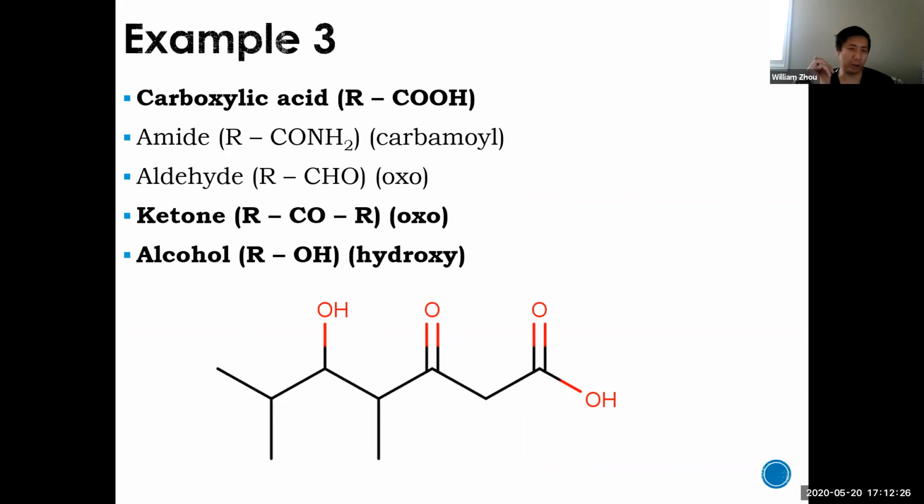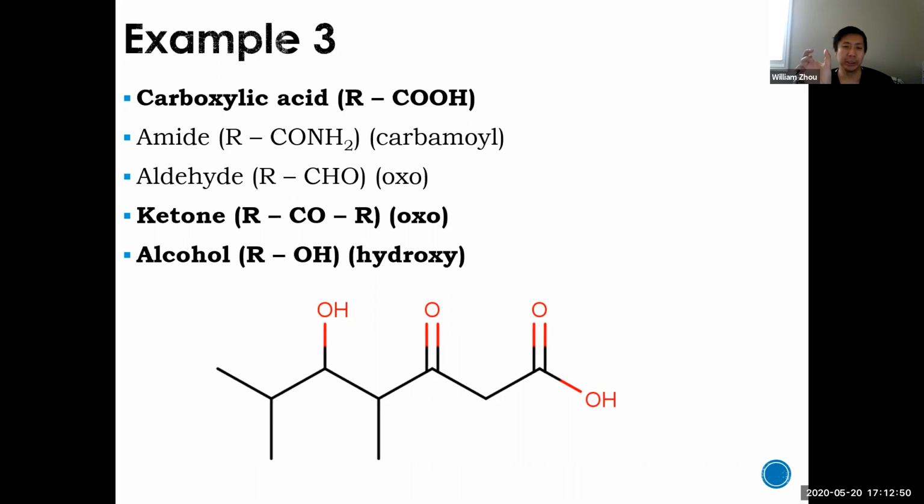Right? The functional groups are not all equal. Some of them are more important than others. And that list is posted right here. So according to that list, carboxylic acid is number 1. And then followed by amide and then aldehyde, but we don't have amide and aldehyde in here. We only have carboxylic acid, a ketone in the middle, and an alcohol to the left.